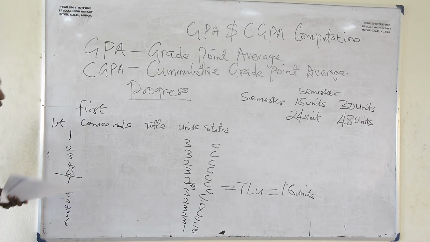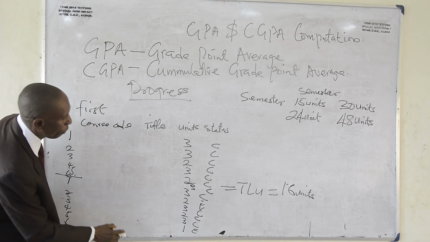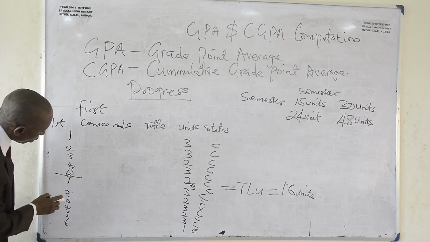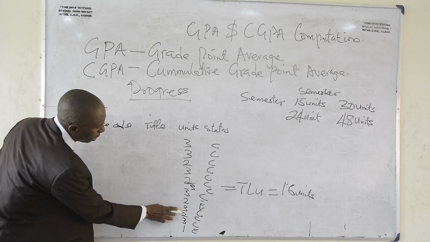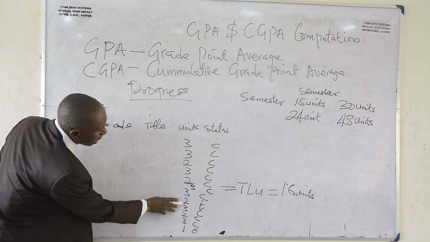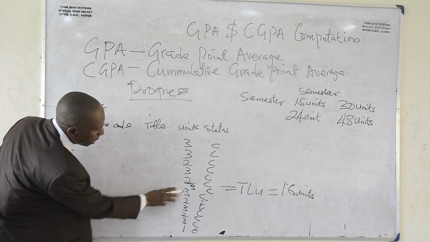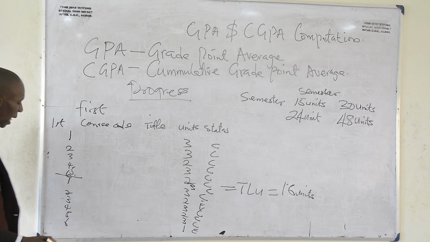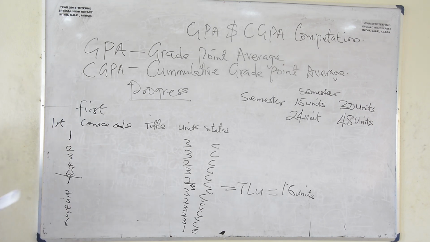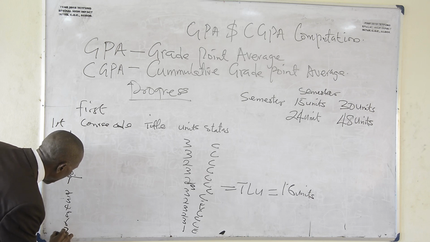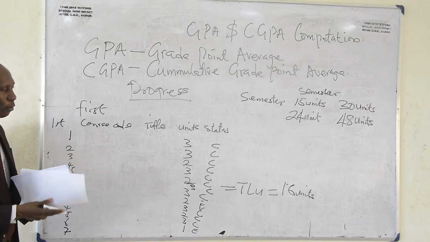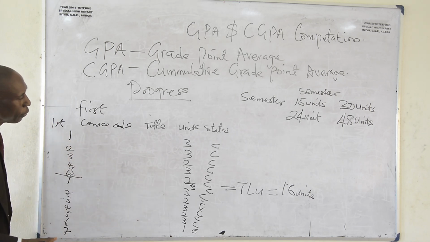And then in the second semester, we have 1, 2, 3, 4, 5, 6, which is 14 units. 14, again, is still less than the number of units required. So the student must register a minimum of 15 units.